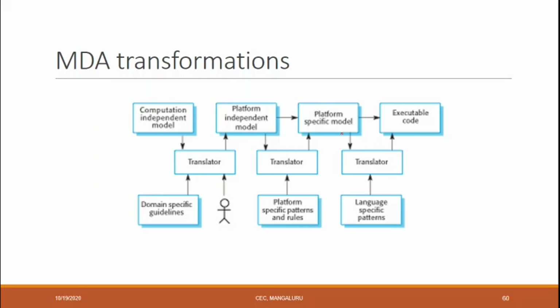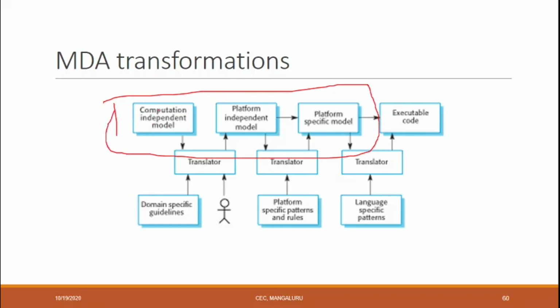So the software engineer has to stick to those specific languages, rules and regulations. Whatever model is designed in model driven engineering, all are executable code for the next implementation team. So this is the MDA transformation.